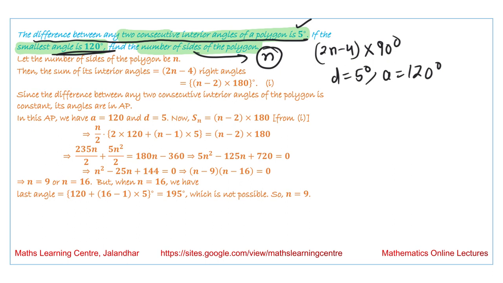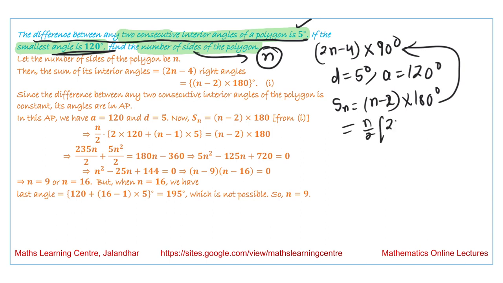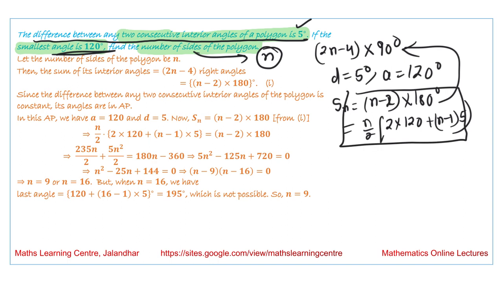The value of Sn, the sum of these angles, is (n minus 2) into 180 degrees. Writing the values, we get n by 2 into (2 into 120 plus (n minus 1) into 5) equal to (n minus 2) into 180 degrees.